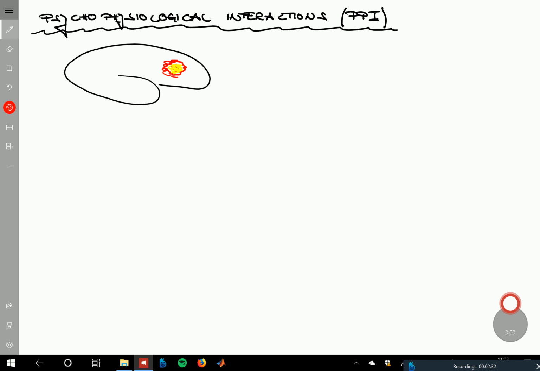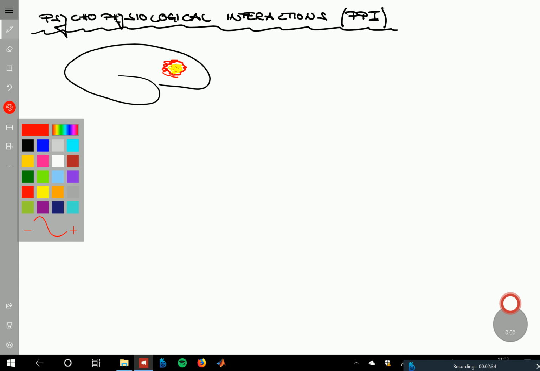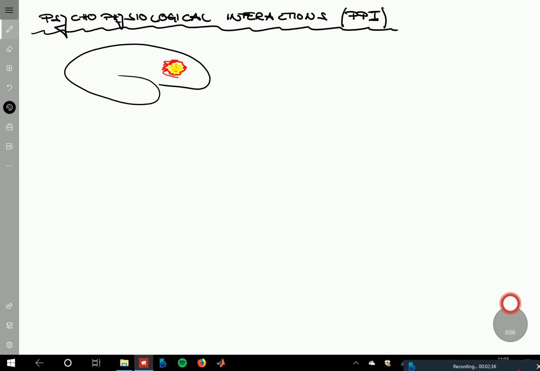So the aim of GLM and also MVPA is to map processes or representations of external events to brain areas.